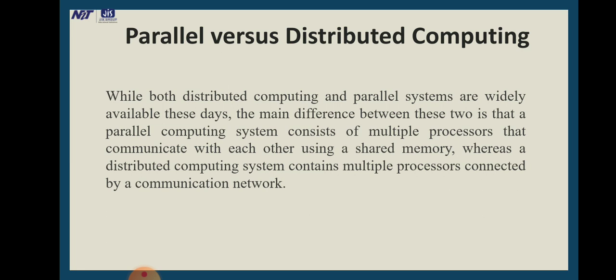Scalability is one of the reasons, as distributed systems don't have the problems associated with shared memory. With the increased number of processors, they are regarded as more scalable than parallel systems.